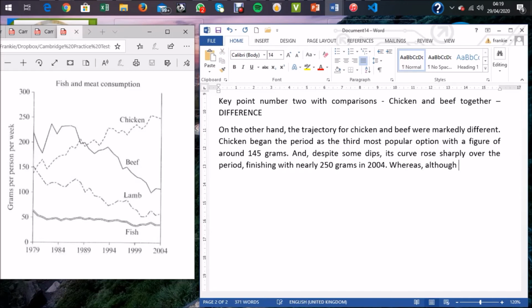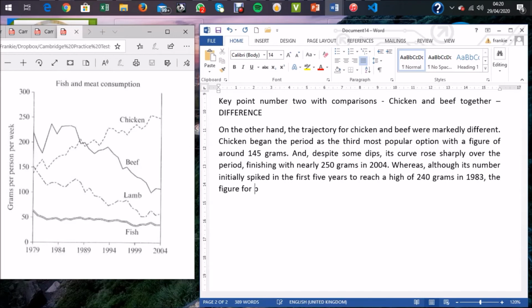Whereas, although its number initially spiked in the first 5 years to reach a high of 240 grams in 1983, the figure for beef subsequently fell rapidly.